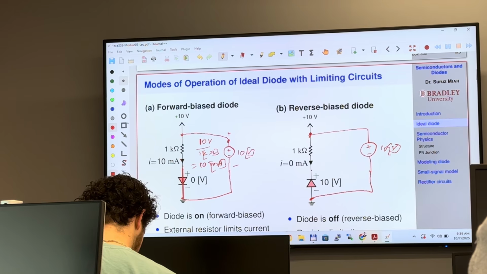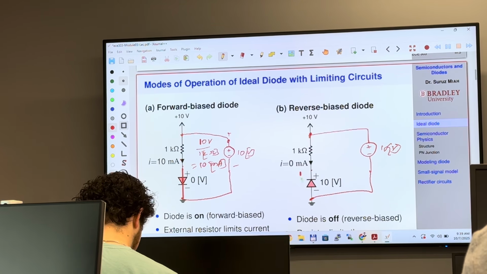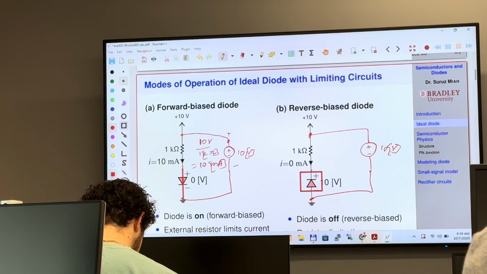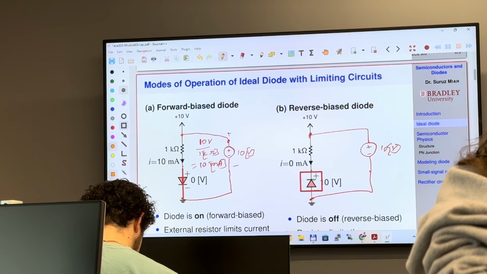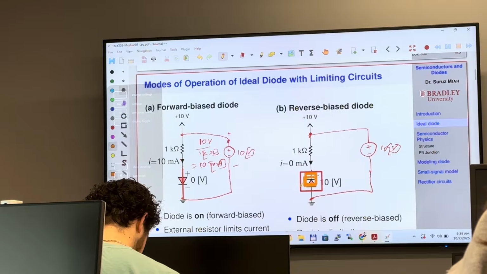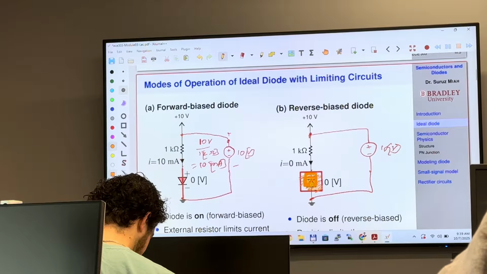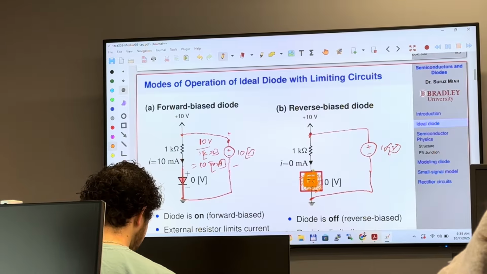So you can simply think of this diode as nothing here.